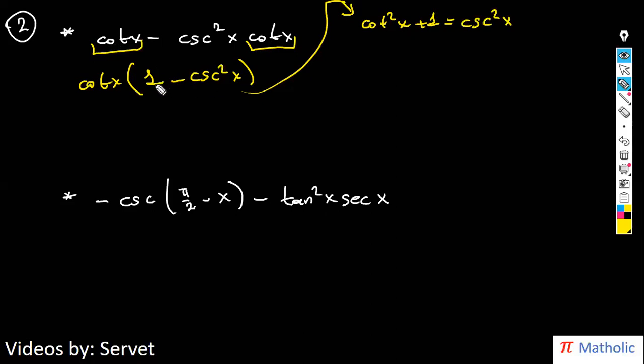Here, this is in form of 1 minus cosecant squared, which means if I shift cosecant squared to left side and cotangent to right side, I will get 1 minus cosecant squared equals negative cotangent squared. So instead of this part, I can write negative cotangent squared.